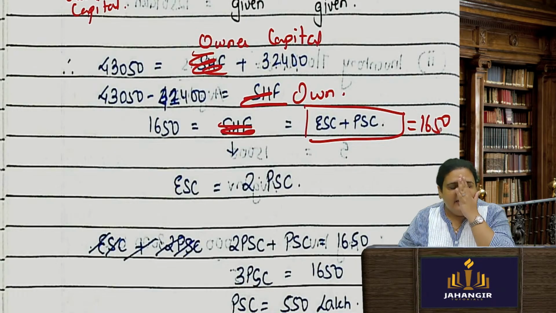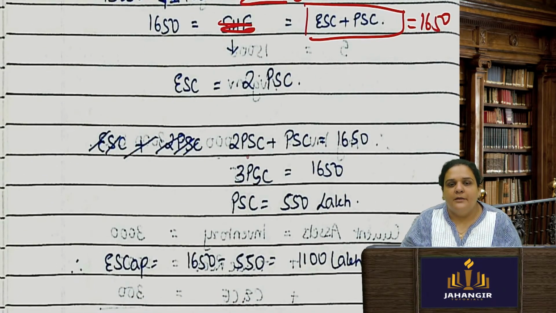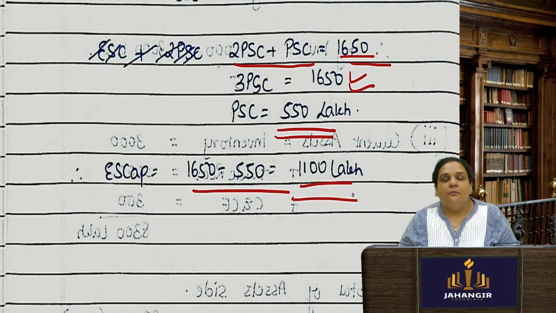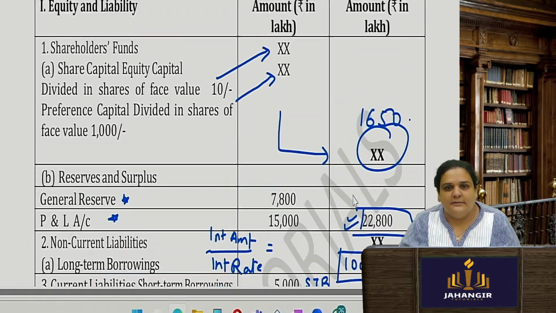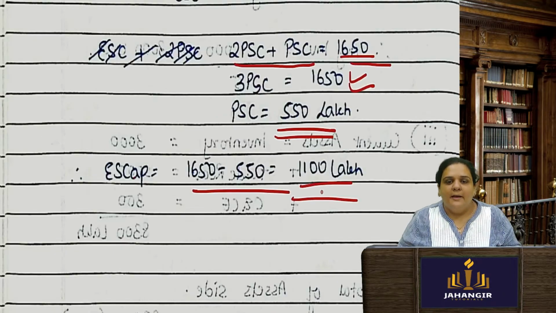In that, equity share capital is nothing but 2 times preference share. So now I am putting 2 times preference share plus preference share equals 1650. So 3 times preference share is 1650, preference share is 550 lakhs. Therefore, equity share capital will be 1650 minus 550, 1100 lakhs. So this is going to be 1100. This will be 550. So this total will become 1650. Balance sheet is done.